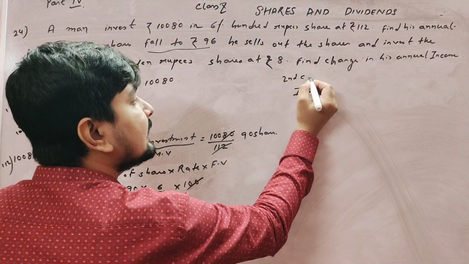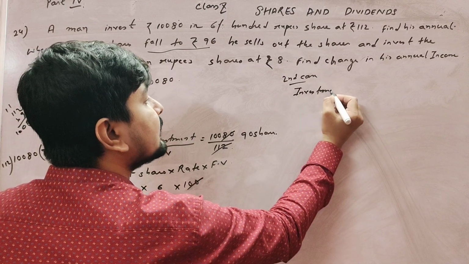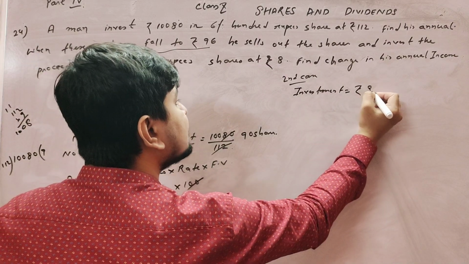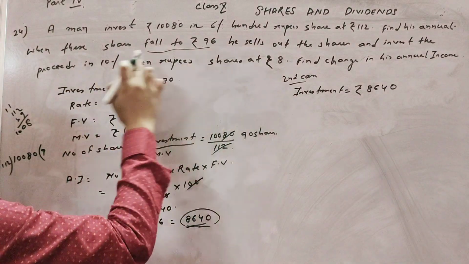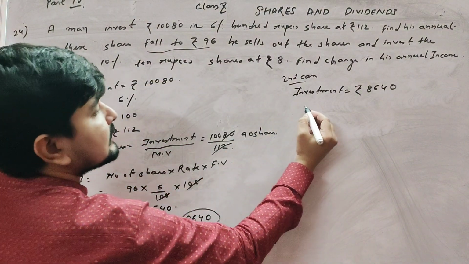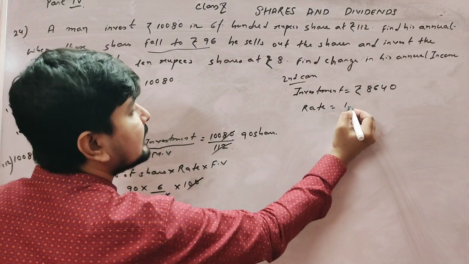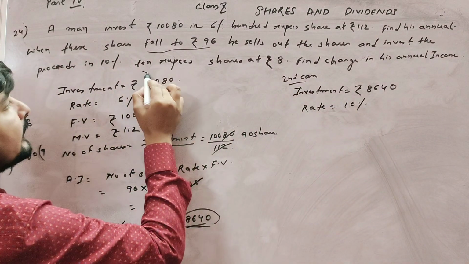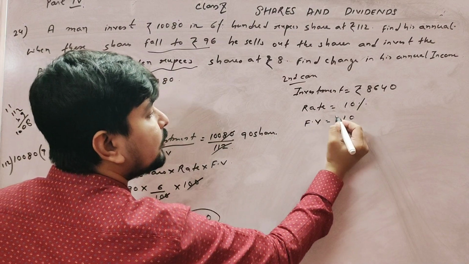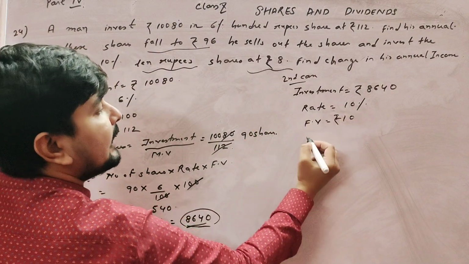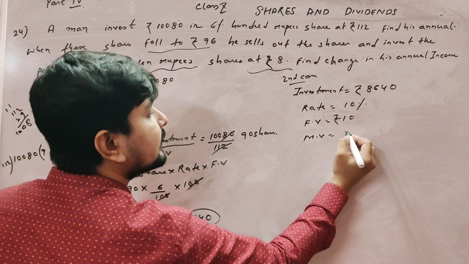Here he begins the second case. Investment equals rupees 8640. Invest the proceeds in 10 rupees shares, rate is 10%. So face value is 10 rupees at rupees 8, that is market value is rupees 8.